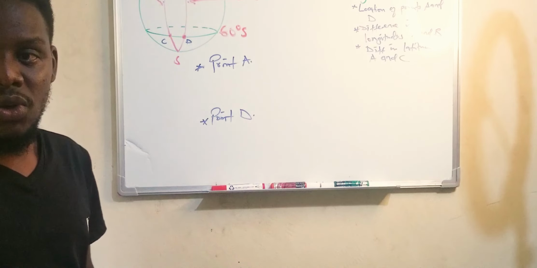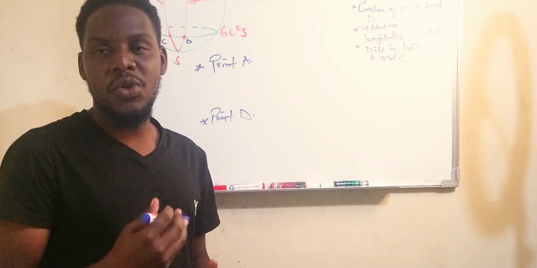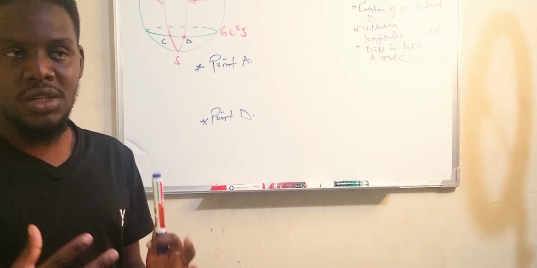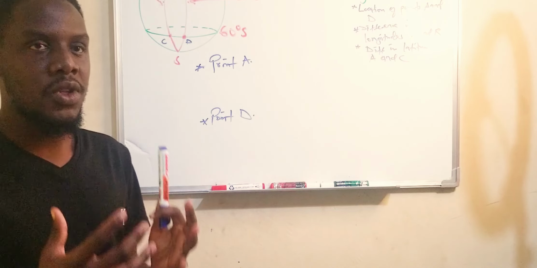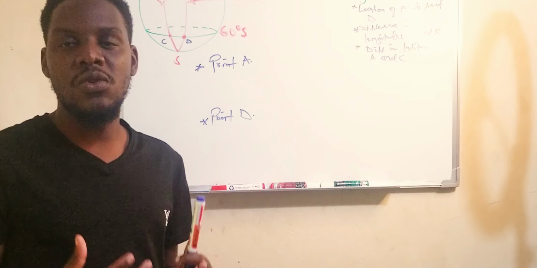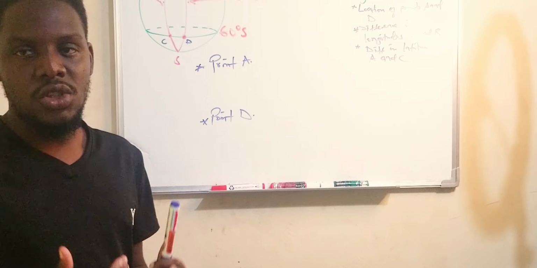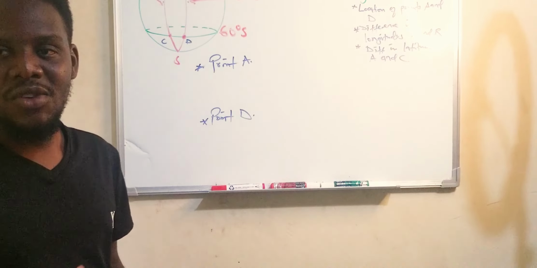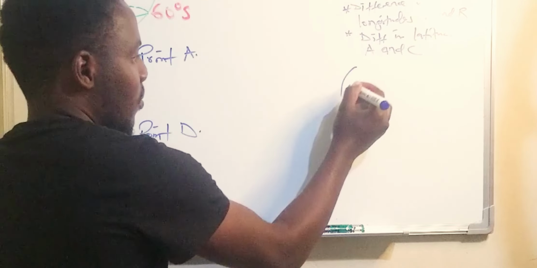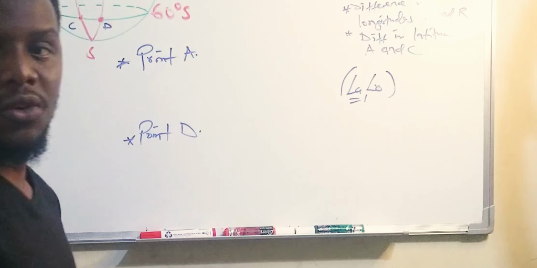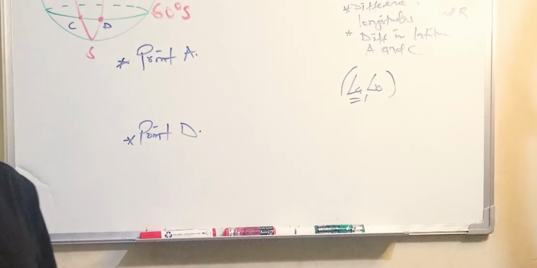In that video, I mentioned that when you're locating points on the Earth's surface, you write the location of that point in form of coordinates using latitudes and longitudes. If you remember, there was that funny mnemonic I gave, la, lo, where la stands for latitudes and lo stands for longitudes.